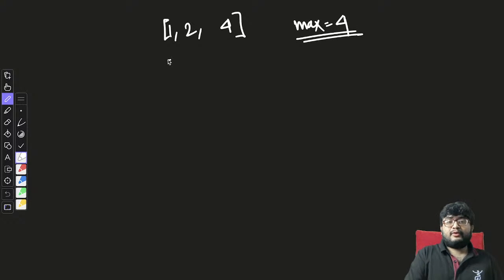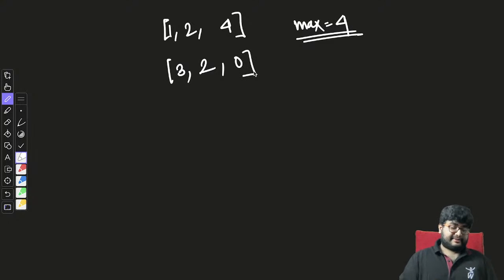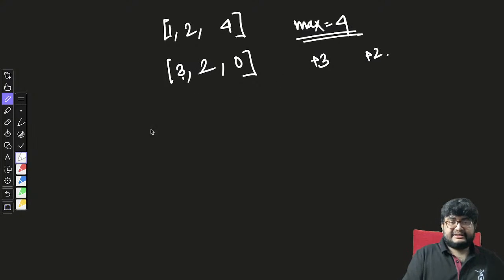What will this difference be? 1 to 4 will be 3, so you need plus 3 here. 2 to 4, you will need plus 2 here. 4 to 4, you will need 0 here. Right? So here we have a plus 3 and here we have a plus 2. Now we do binary search.